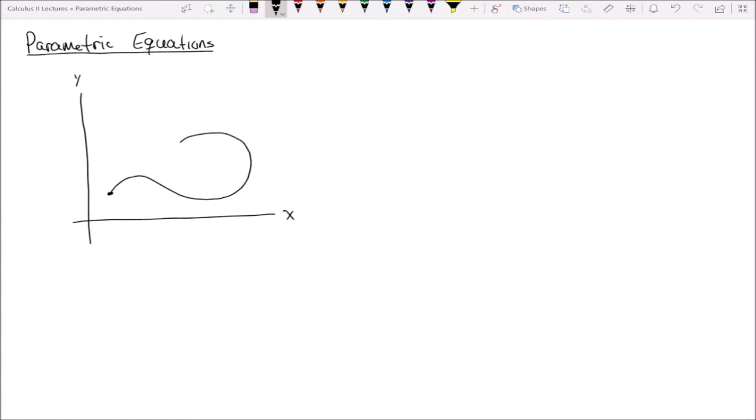I have a starting point here, I have an ending point here. This curve cannot be described as y equals some function of x. However, we still need to be able to describe it, right? Because this could represent motion of a particle.